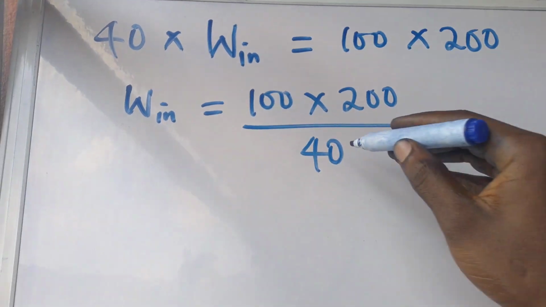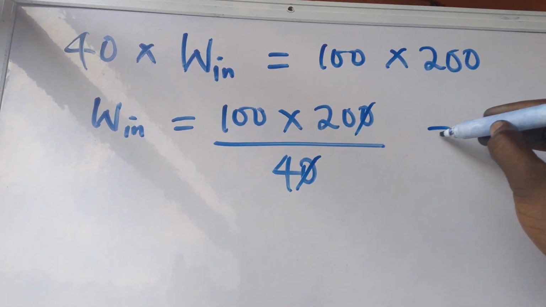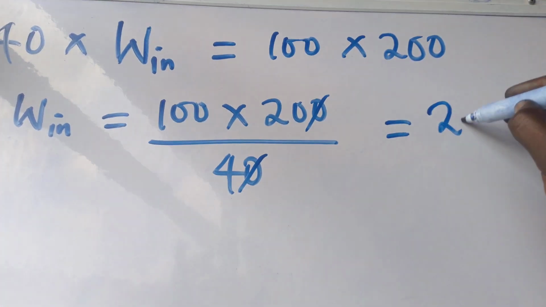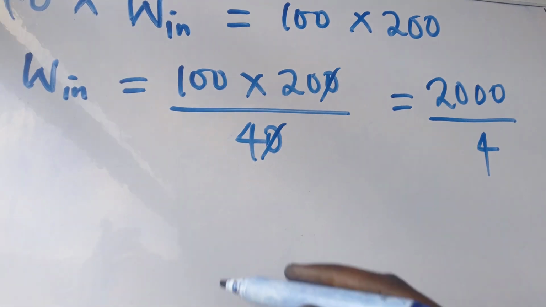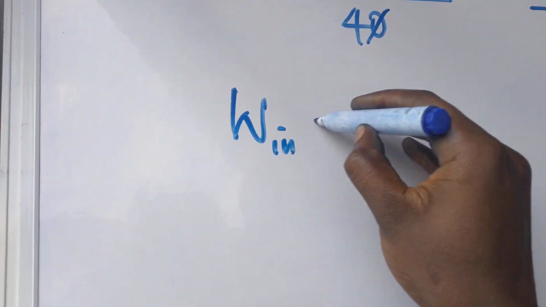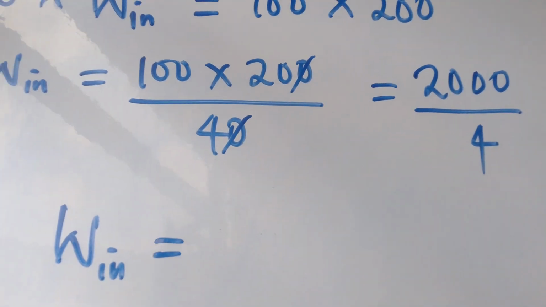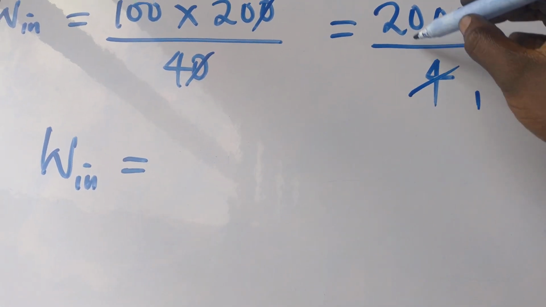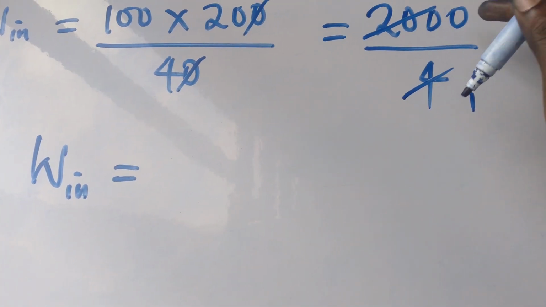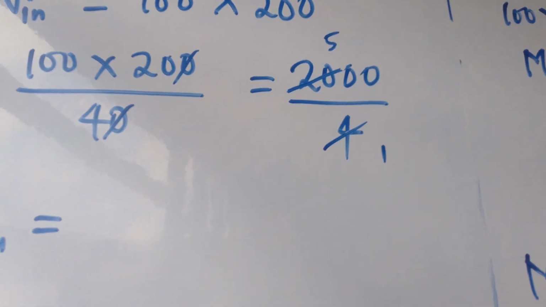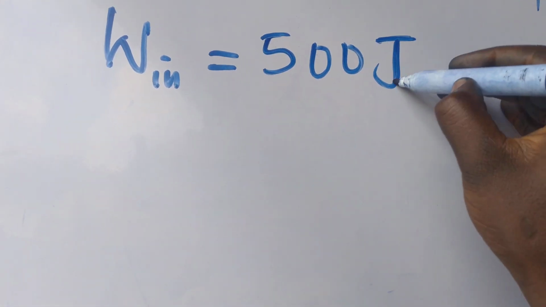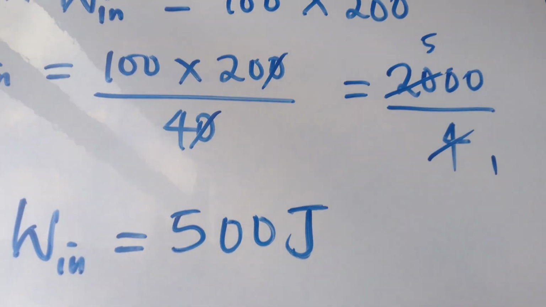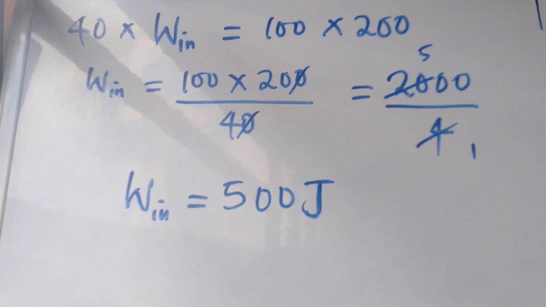We cancel out, and I'll be having 2000 divided by 4. 4 into 20 is 5, and then you put your 2 zeros. That will be 500 joules. That's my work input. My work input is 500 joules.